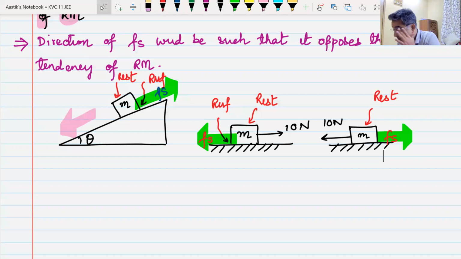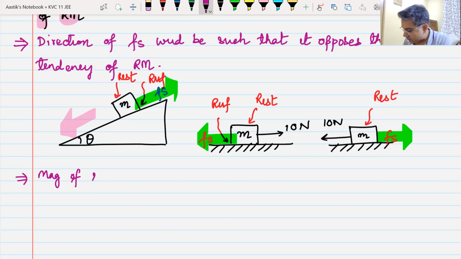Now let us talk about the magnitude of this gentleman. Kinetic friction is simple, straight, just like me: mu k into N. What about the magnitude of static friction? Now remember, this is a smart friction. It can change its direction, we have seen.